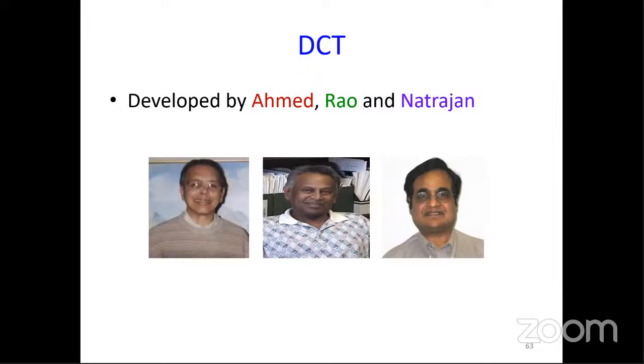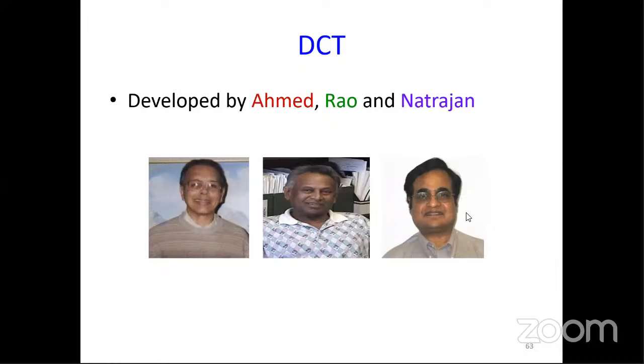So my request to all the academic experts: at least try to give an overview of DCT whenever you have an opportunity to serve as a board of studies member. As Indians, we have to be very proud that this DCT was developed by 3 Indians. You see that there is unity in diversity. Ahmed, Rao, and Natarajan, their names speak for themselves. There is again unity among diversity. Natarajan happens to be the PhD student of Professor Ahmed.